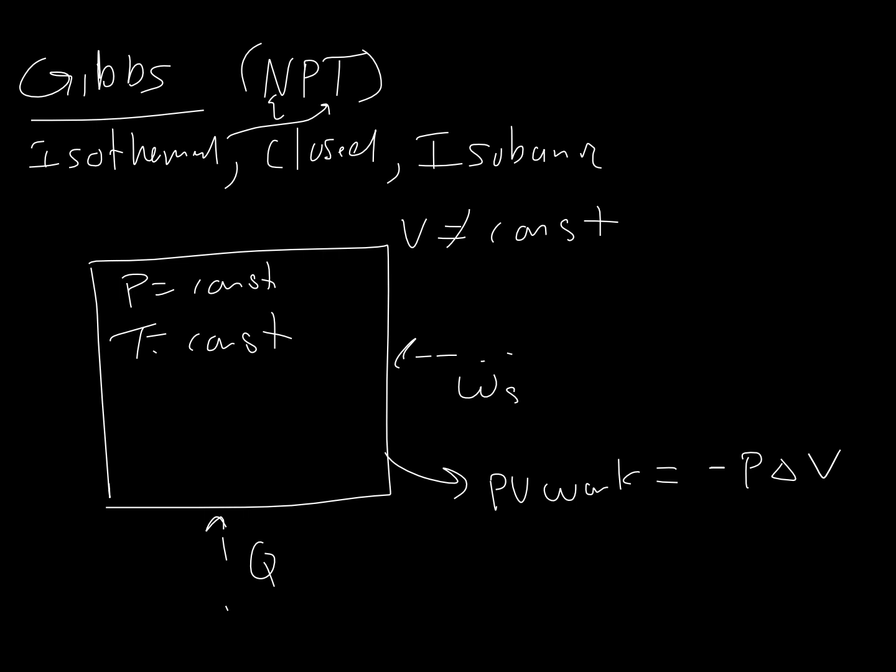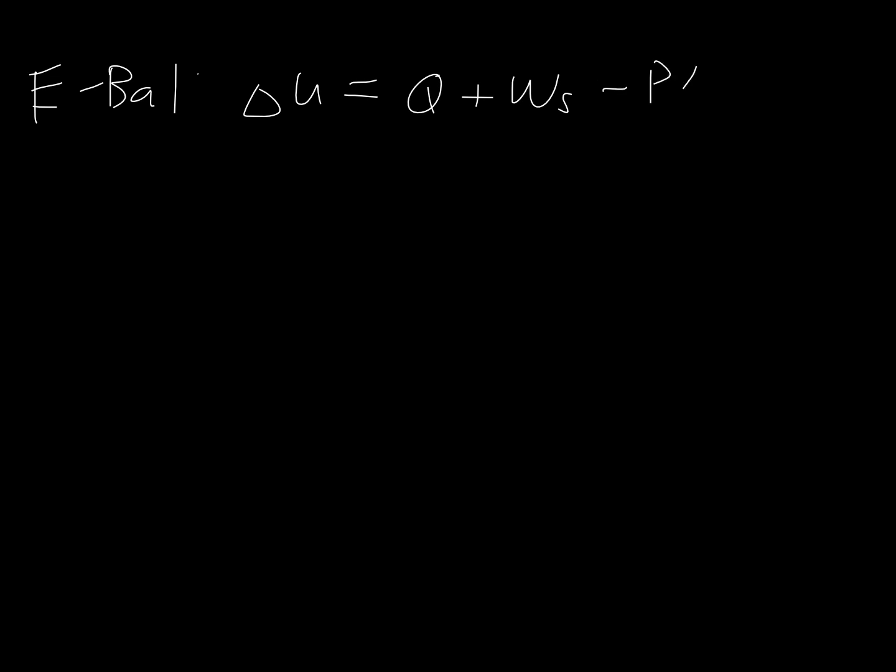Okay, so let's go through it real quick. Energy balance. We have delta U, right? In this case, we're just keeping track of all of the sources of energy in and out of the system, and delta U is the imbalance between all of those. So delta U is going to be: we have potentially Q coming into the system, shaft work potentially coming into the system, and minus P delta V, or in this case, expansion work.